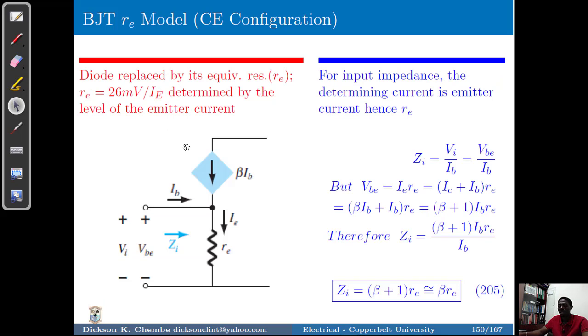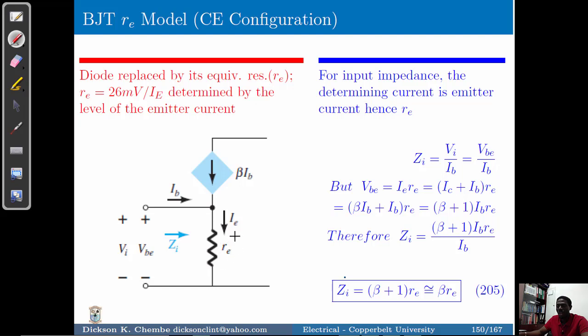The diode, afterwards, we replace the diode by an equivalent resistor, which brings about the term the r_e model.